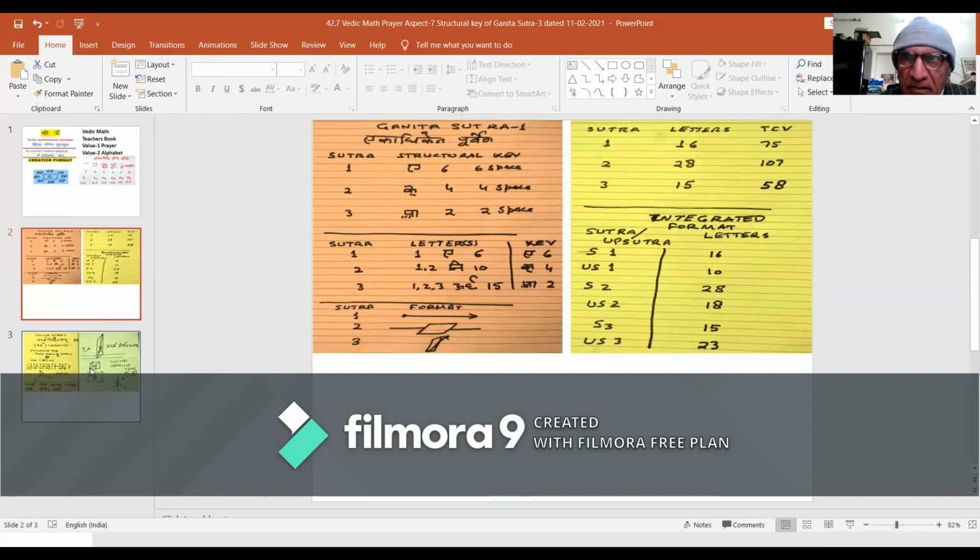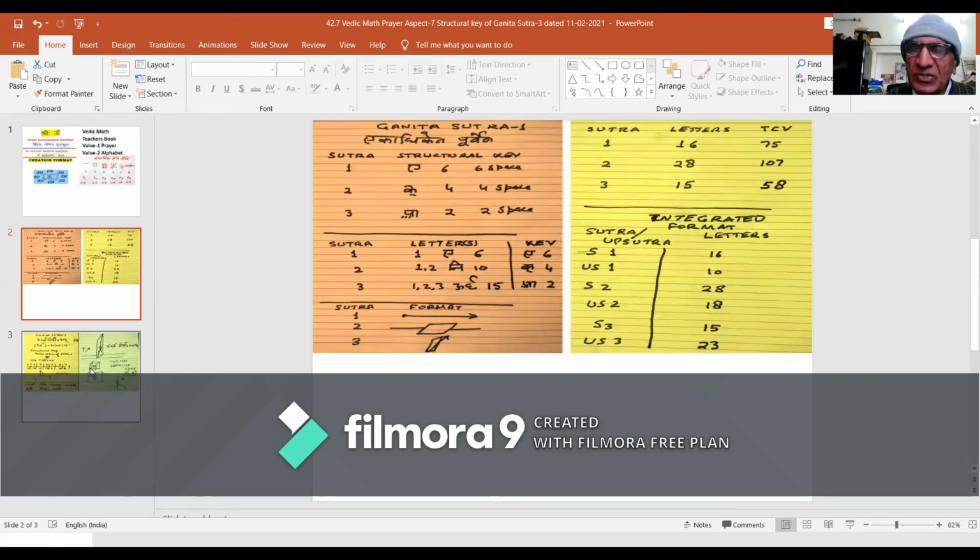The third part, the lower part of this expression sheet, indicates that Ganita Sutra 1, as one more than before, is availing a sequential progression format of a line.